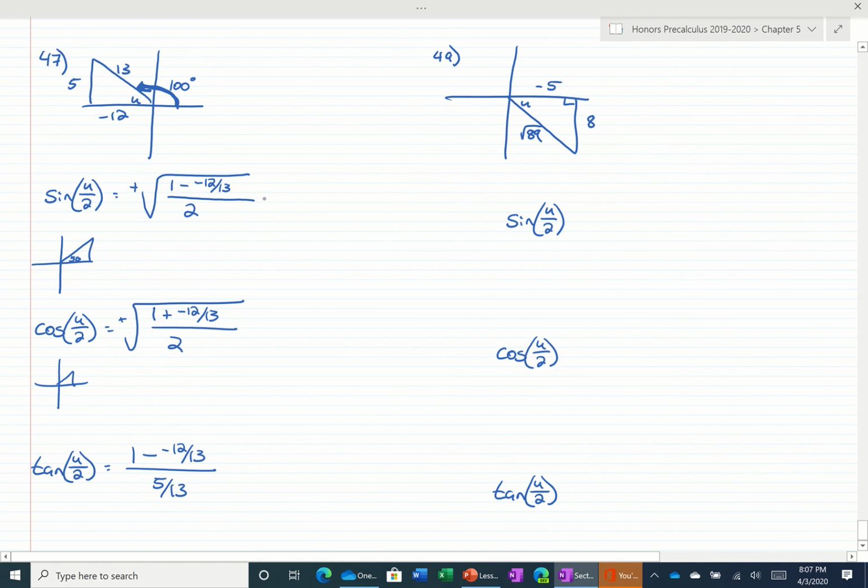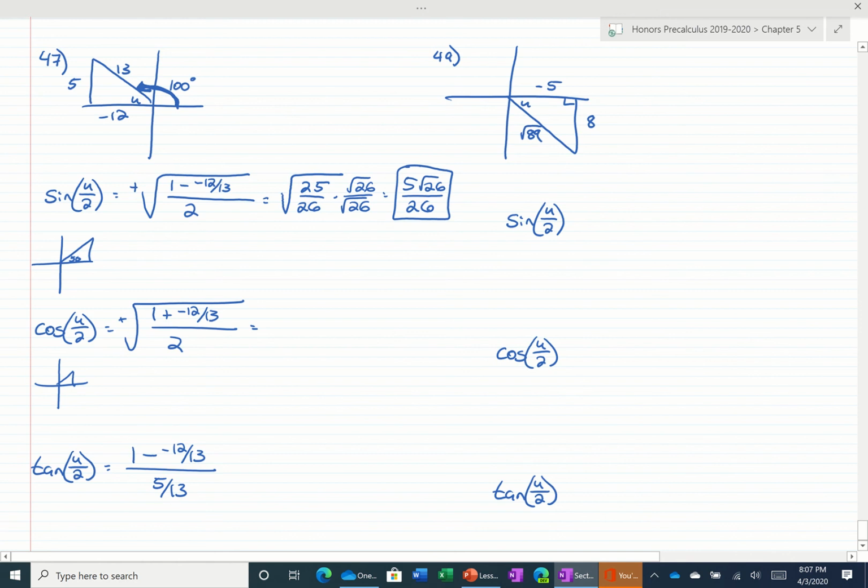On top, this is just the square root of, let's type this into my calculator, 1 plus 12 over 13 divided by 2 is 25 over 26, which would give us 5 over root 26. If we multiply by root 26 over itself, we would get 5 root 26 over 26.